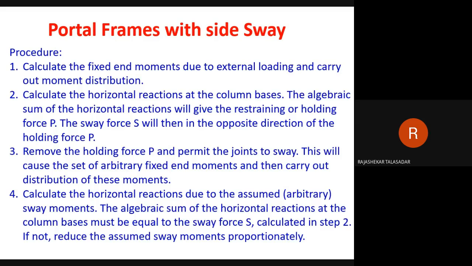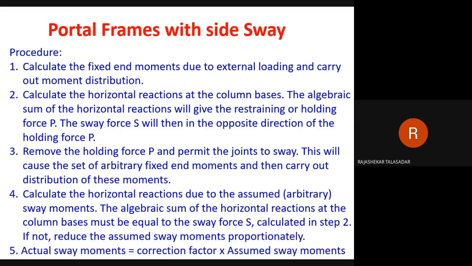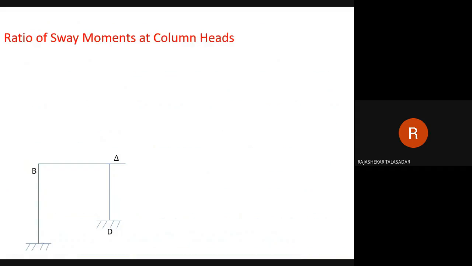The algebraic sum of the horizontal reactions of the column bases must be equal to the sway force calculated in step 2. If not, reduce the assumed sway moments proportionately. If you just read this, you will not understand; along with the problem, I will explain it. Last one: actual sway moments equal the correction factor multiplied by the assumed sway moments.